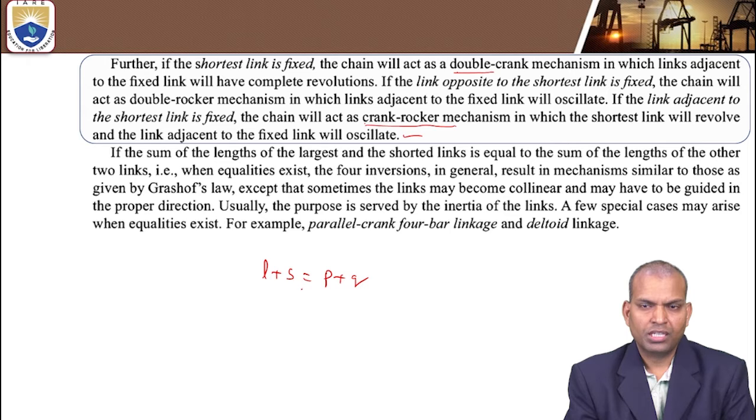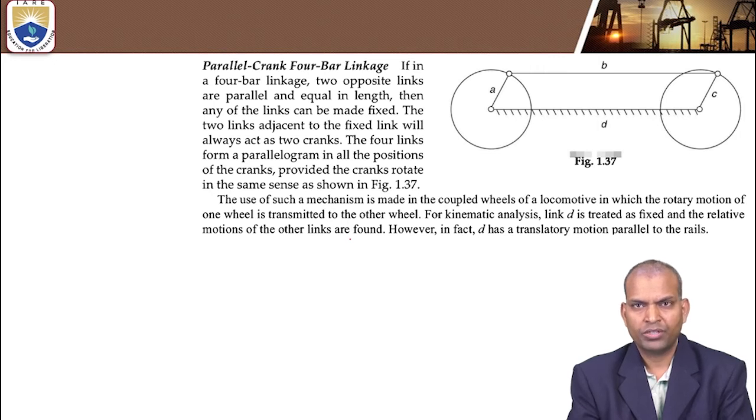Now suppose L plus S equal to P plus Q, then there are 2 types: the parallel crank 4-bar linkage and the deltoid linkage. The parallel crank 4-bar linkage is used in the application of tram cars or locomotive engines.